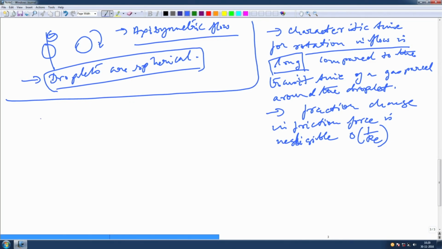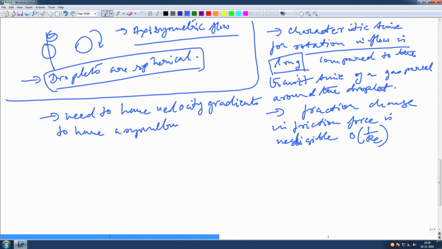Okay. So, there is a need to have velocity gradients, to have asymmetry in the flow. Okay.